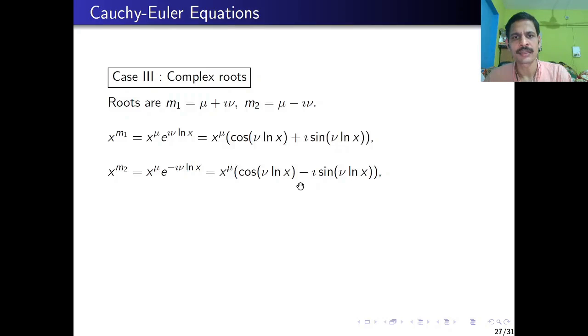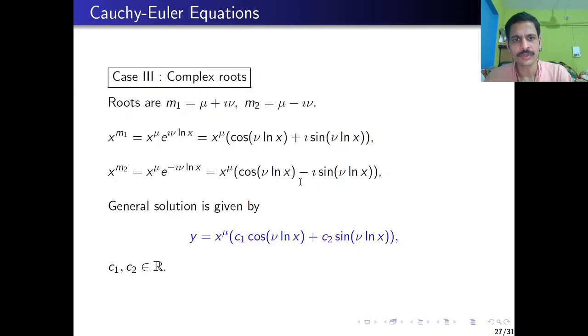Again here the solutions are complex valued functions, and we want the solutions to be real valued functions. So we will obtain real valued functions from these two. The trick is the same. You add these two solutions and then divide by 2.